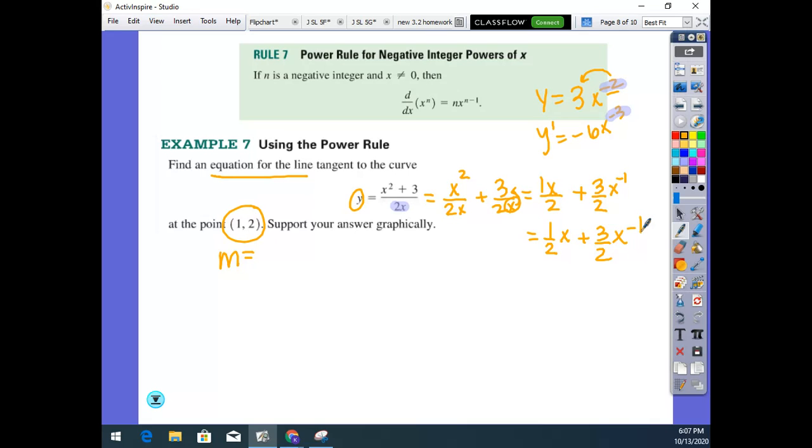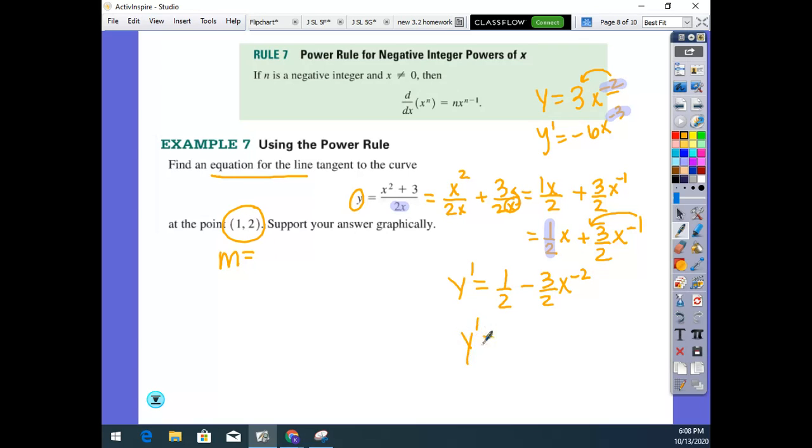So now I'm ready to take the derivative. The derivative of 1/2 x is just 1/2. Then I'm going to bring my exponent down, multiply times 3 halves, so that becomes negative 3 halves. X to the negative 1 minus 1 is negative 2.